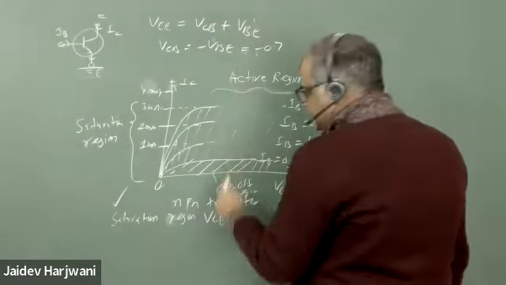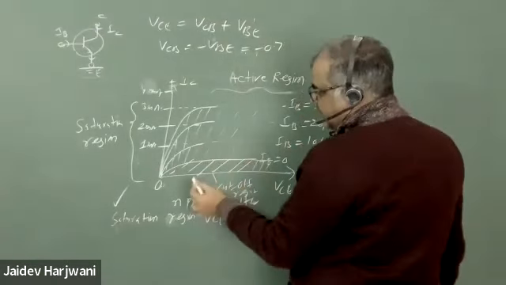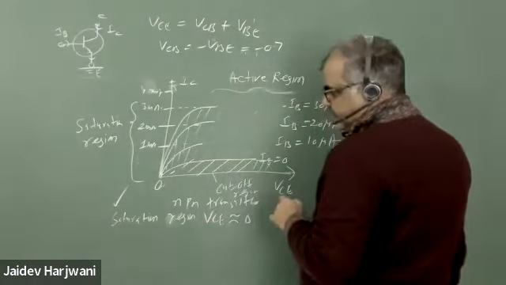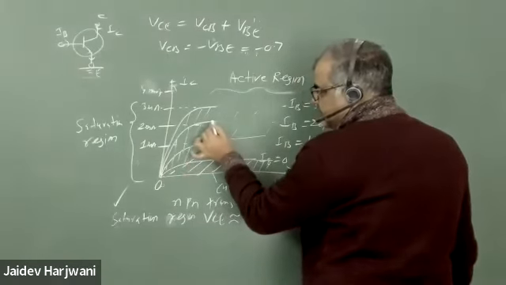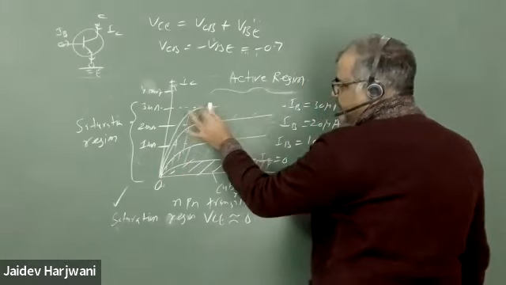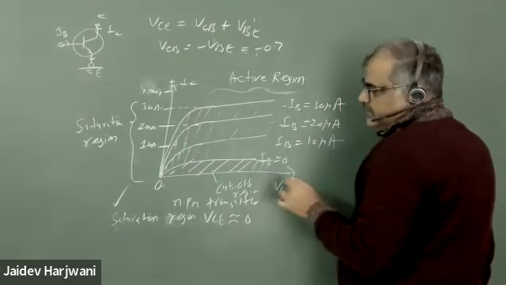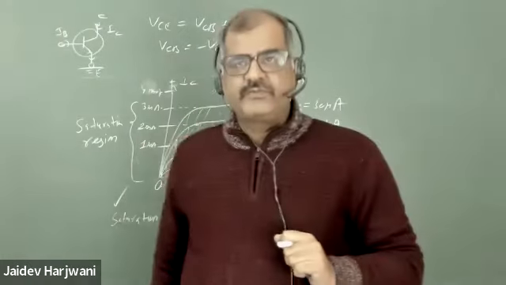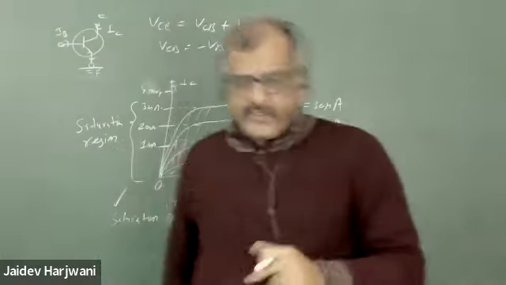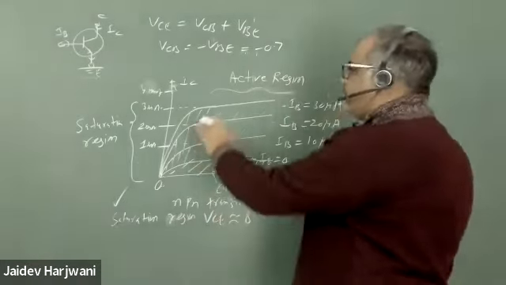Yesterday I was discussing these graphs. For the common emitter configuration, these graphs are not parallel; they have a slight slope. A slight slope means the output characteristics of a common emitter configuration have a slightly lower resistance than the common base configuration.